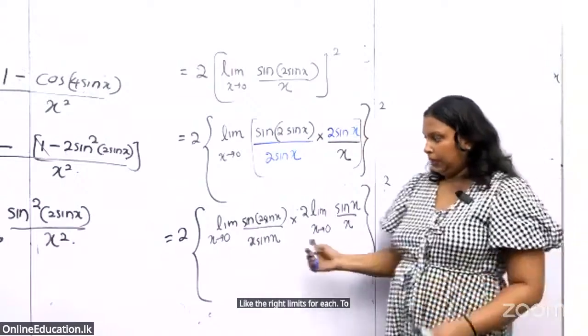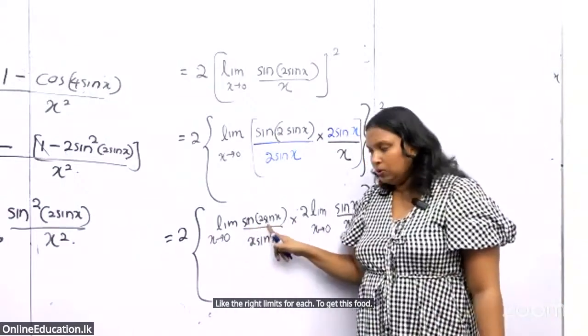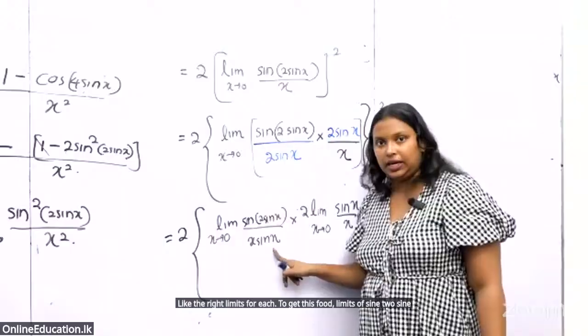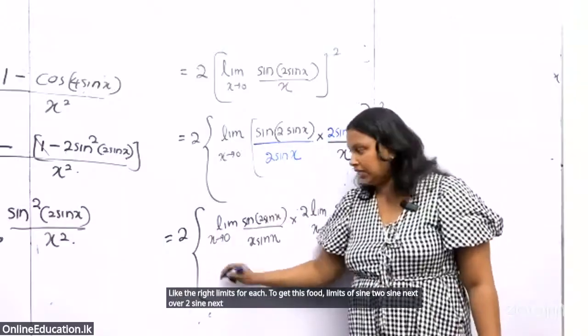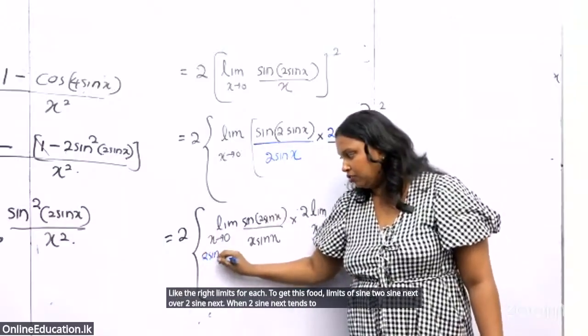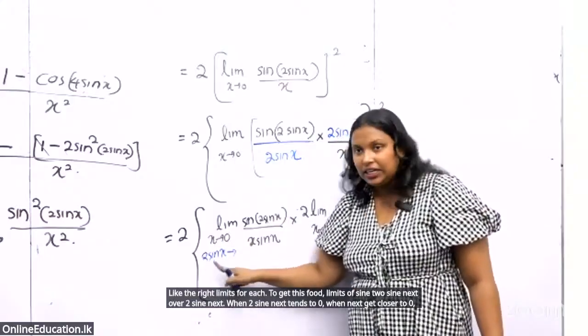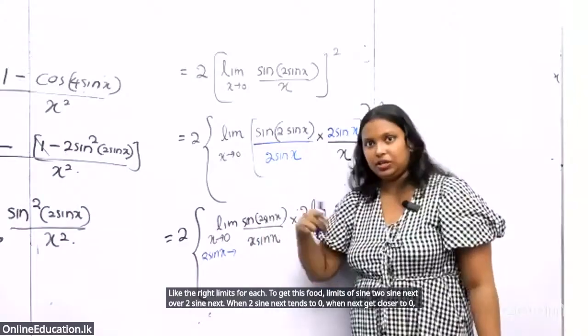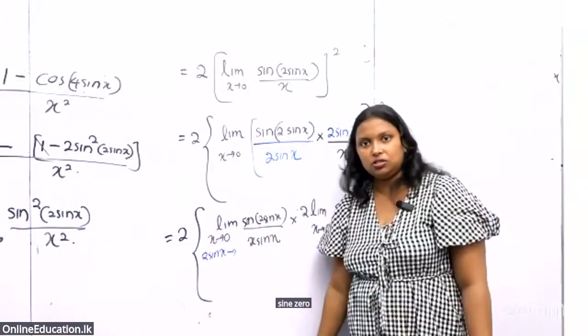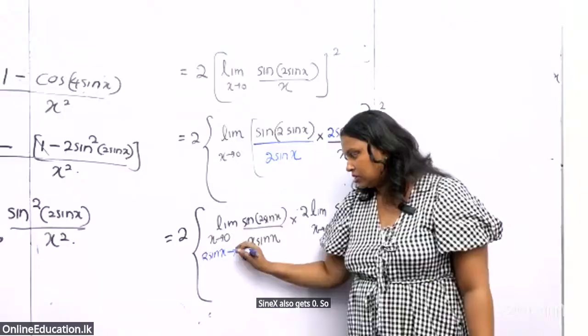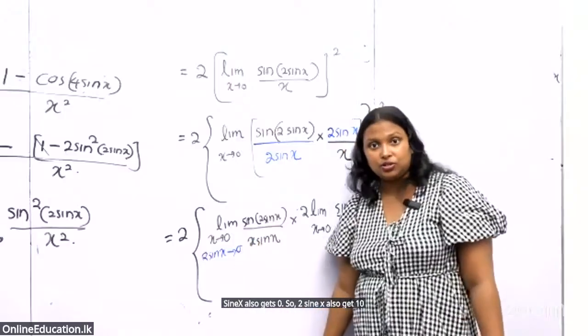Look at this. Limits of sine 2 sine x over 2 sine x when 2 sine x tends to 0. When x gets closer to 0, sine x also gets closer to 0. So 2 sine x also tends to 0.